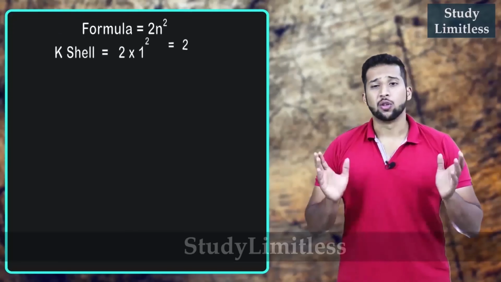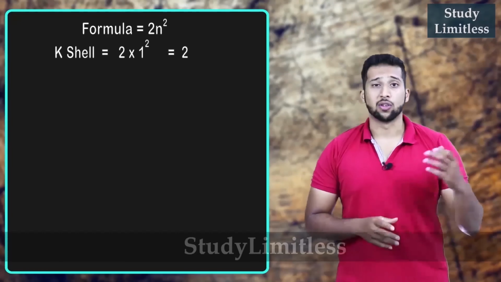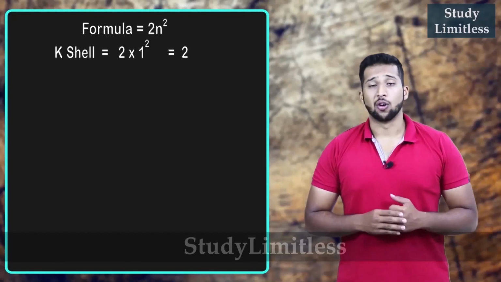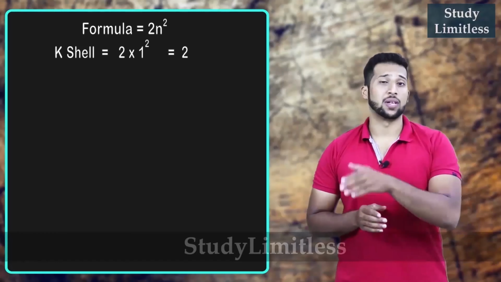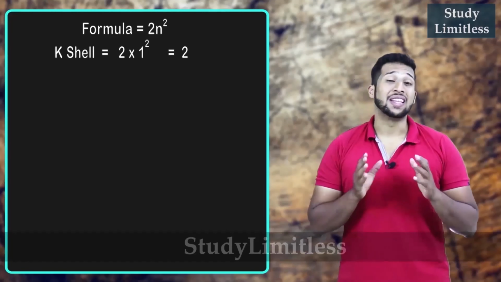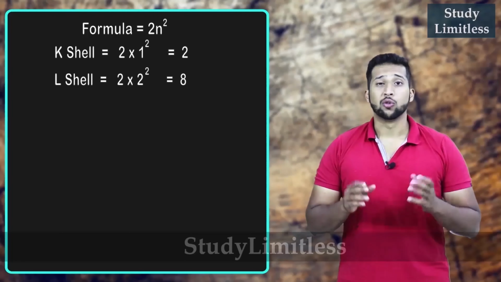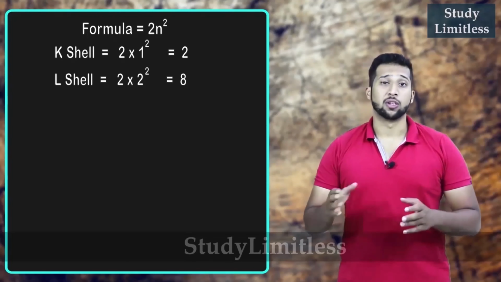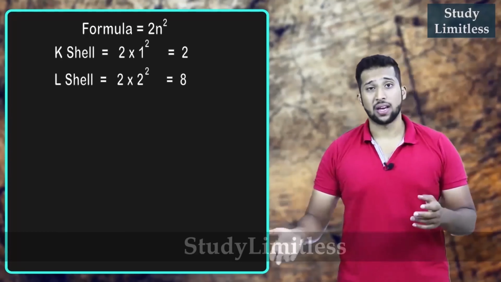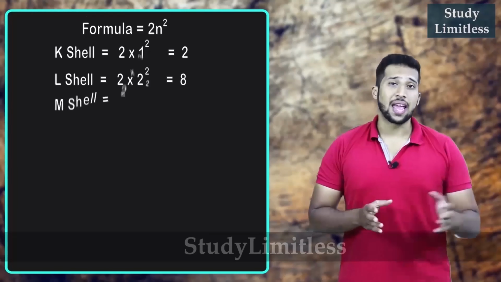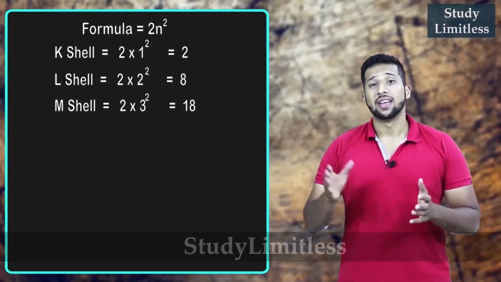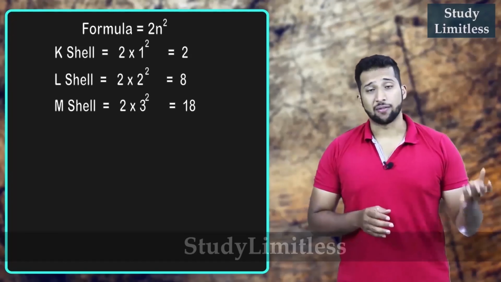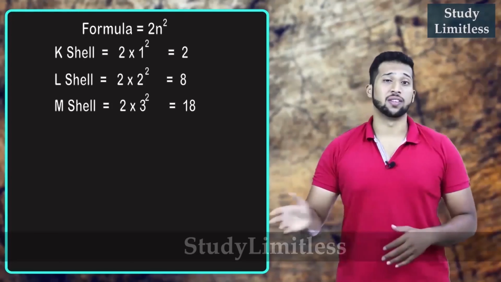In the K shell, you have 2 electrons because K is the first orbit, so 2 times 1 squared is 2. In the L shell, you have 8 electrons because 2 times 2 squared is 8. Then in the M orbit, you have 18 electrons, as 2 times 3 squared gives you 18.